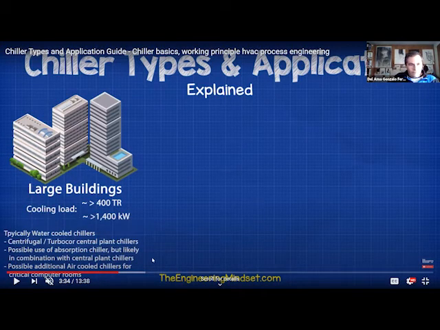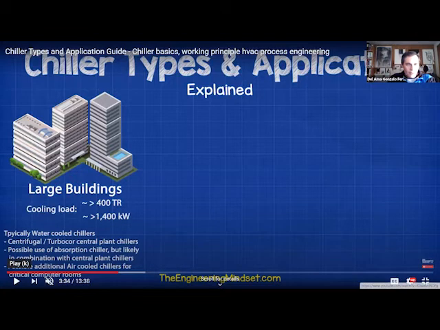Why? Because it's much better. The power that water-cooled chillers can move is higher, and when we are designing skyscrapers or buildings like that, water-cooled chillers are the best options.